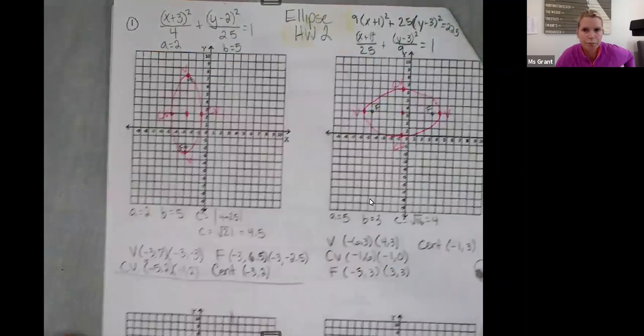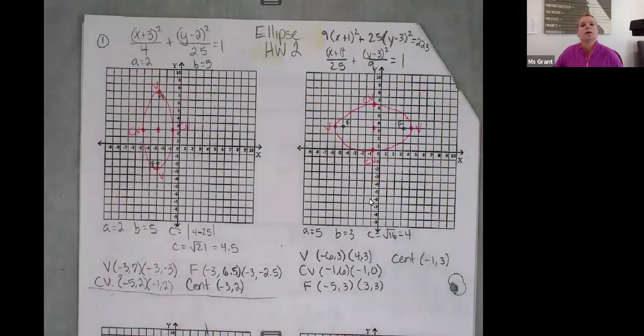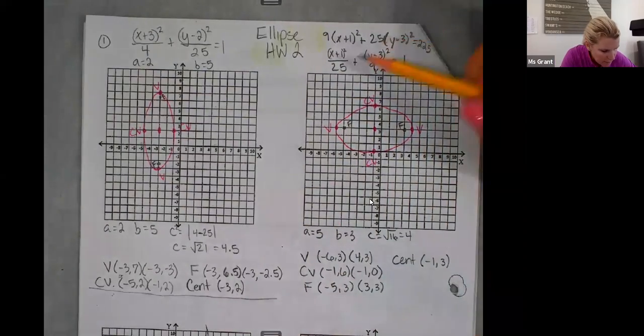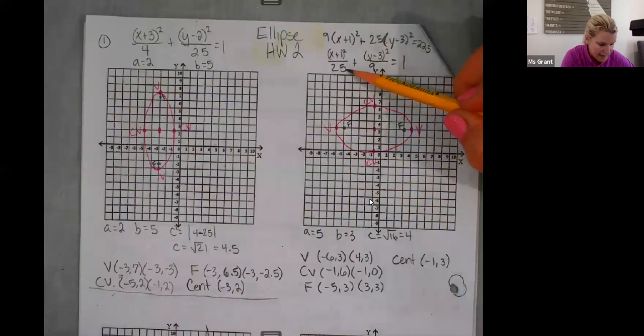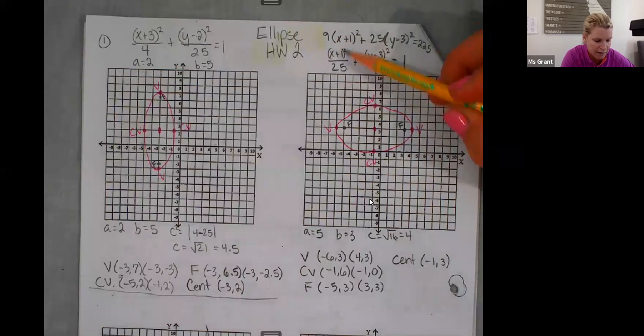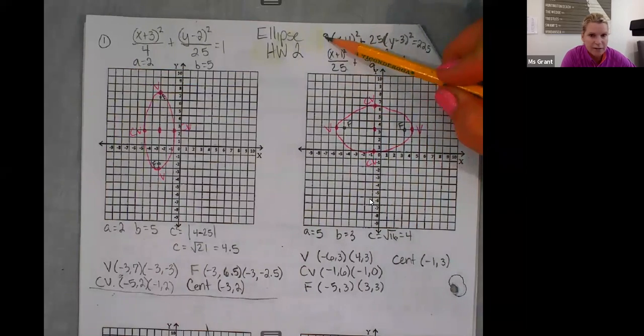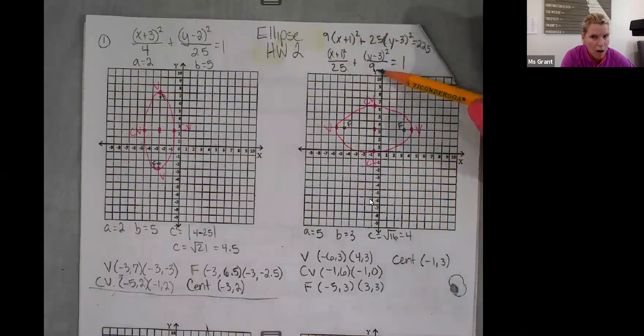Number 2, I had to divide by 225. So I divided by 225, and I got (x plus 1) squared over 25, because 9 divided by 225 is 25. And guys, please notice, this is no coincidence that the 9 that was in front of the x became the denominator of the y when I divide by 225.